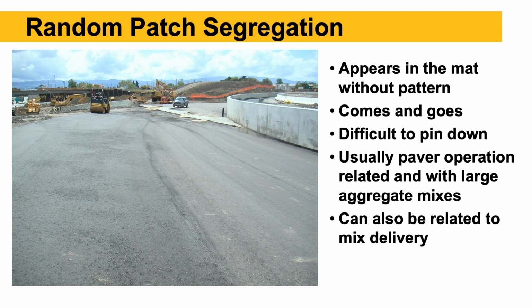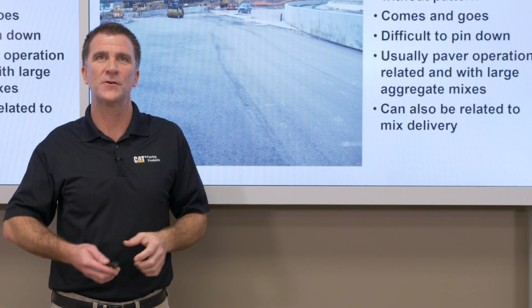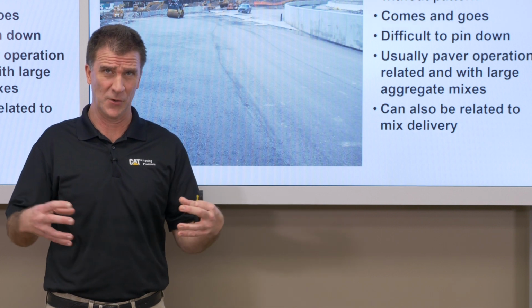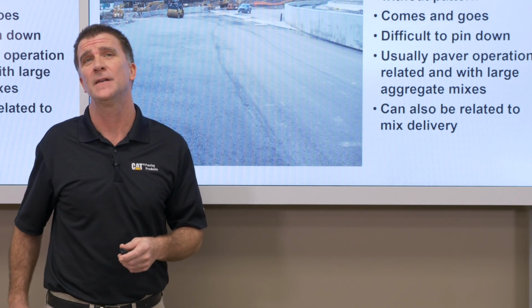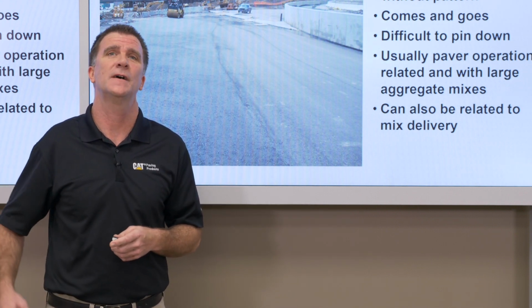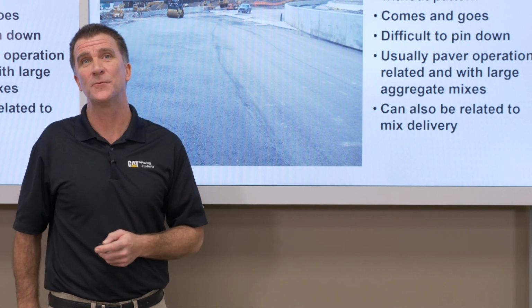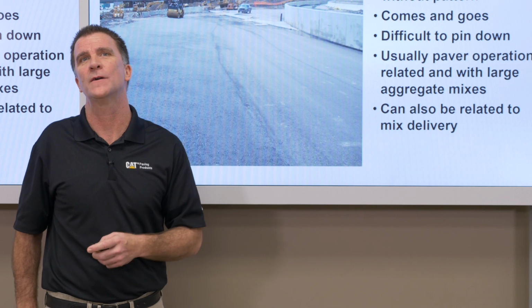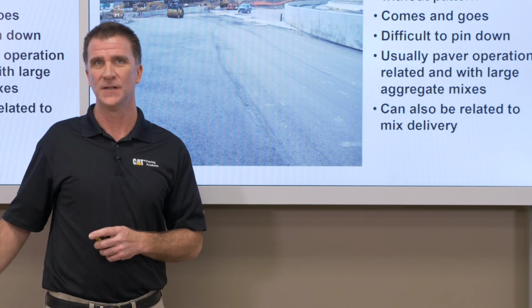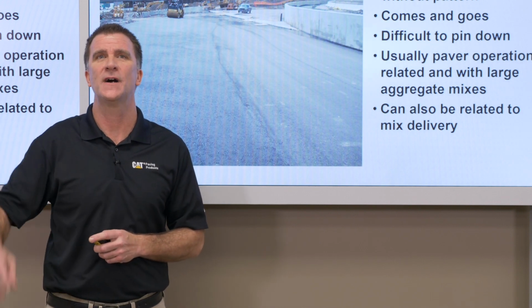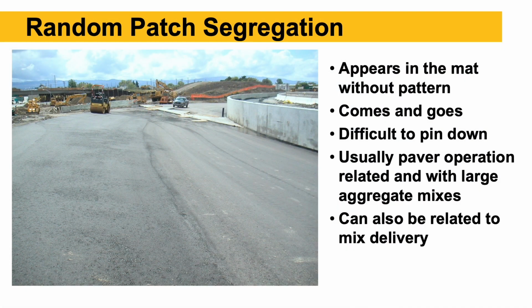But it can also be related to the feed system setup on the paver. In another training module, we talked about feed sensor positioning and continuous auger movement. This random patch segregation can be related to that, or it can be related to how we deliver mix into the hopper of the paver. So again, segregation showing up in random patches.